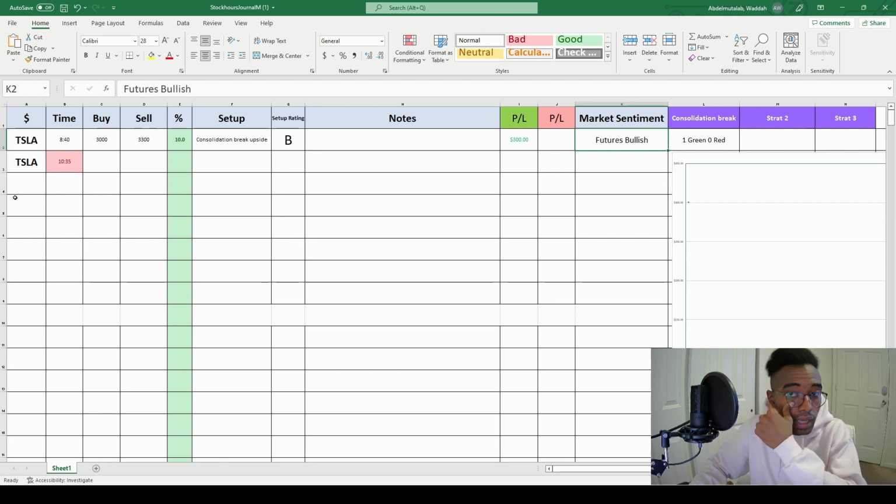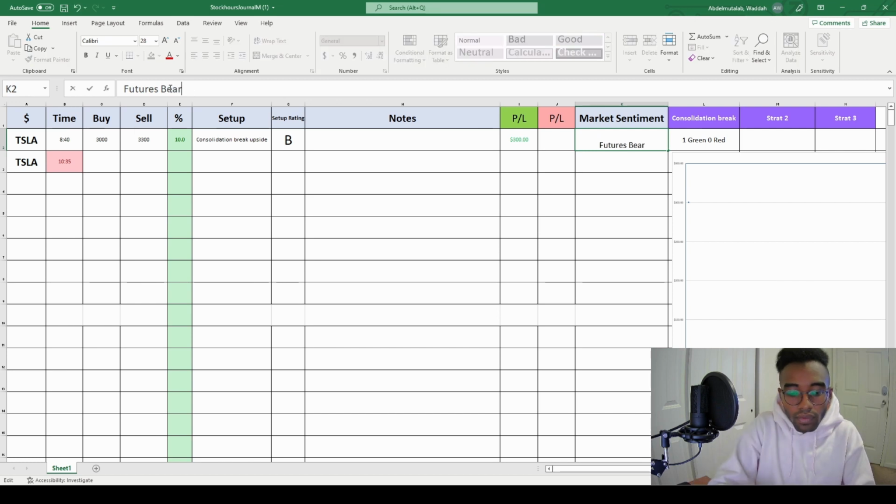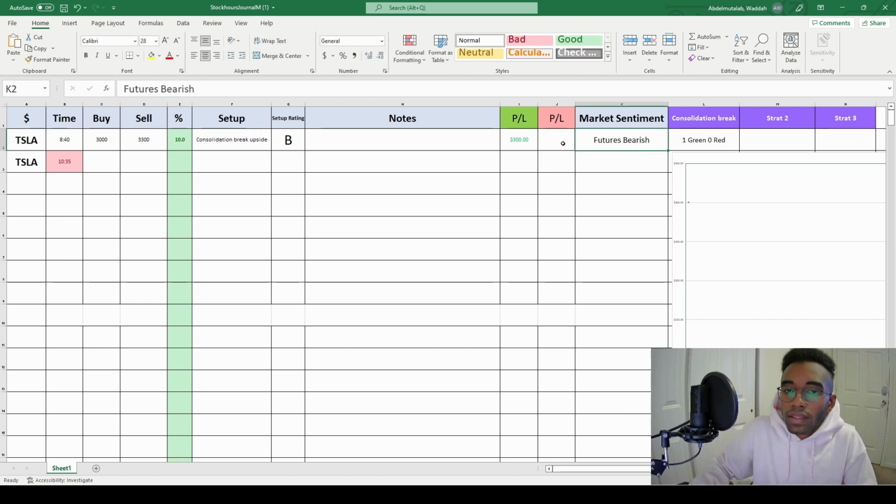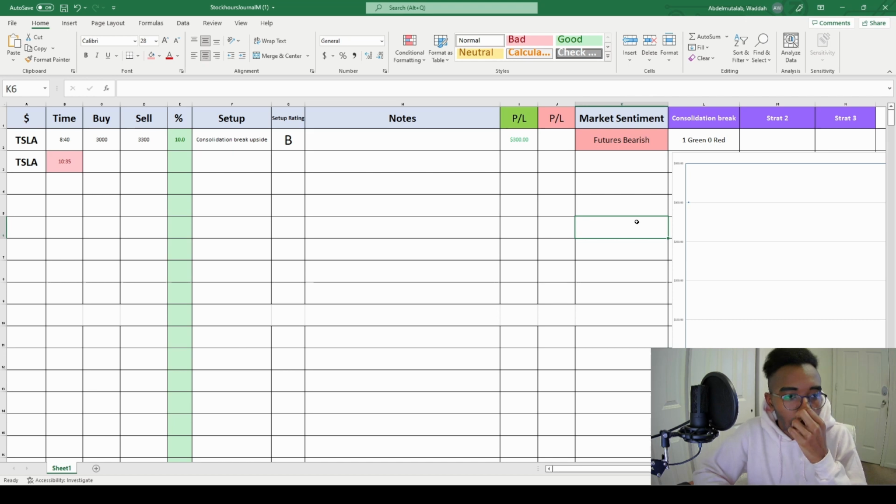Now what I like to do is, if I play counter trend, so if futures were bearish here, then I would set that cell to a specific color or a red. So basically I'm not following the trend or the overall market sentiment, which is very important.